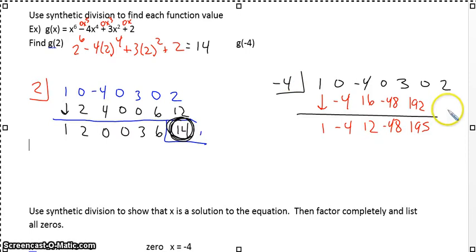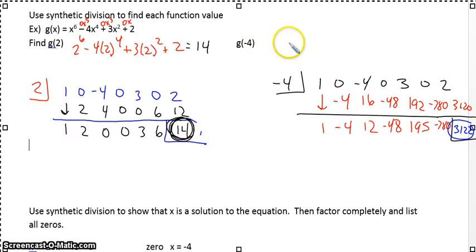When I multiply there, I get negative 780. Adding, I would get negative 780 again. And then multiplying, I would end up with 3,120. I should have extended this line over a little bit. And now my remainder, when I actually add those together, gives me 3,122. And so that would be the answer.